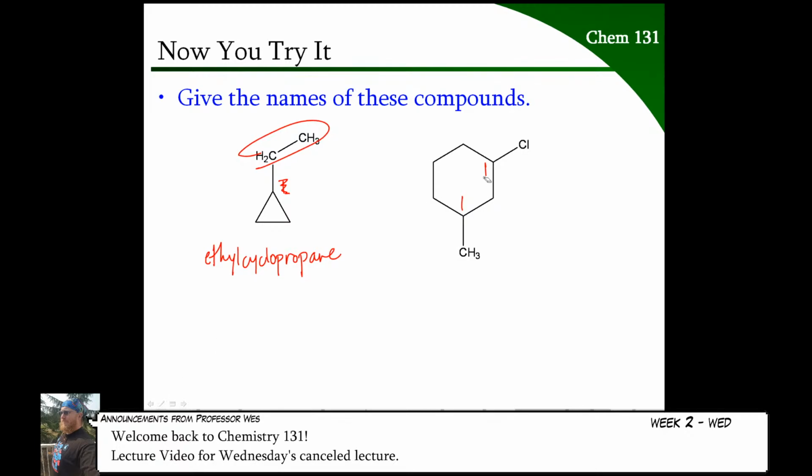Chloro is first alphabetically, so we're going to number it in this direction. 1, 2, 3. And so this will be 1 chloro, 3 methyl, cyclohexane. There you go. Easy as naming alkanes, I guess.